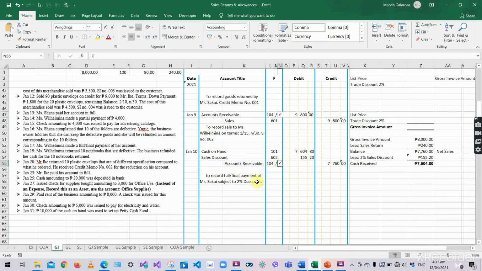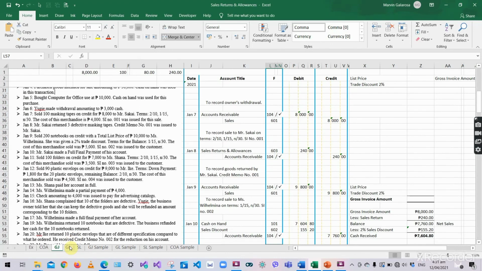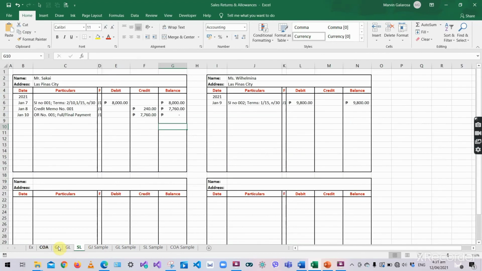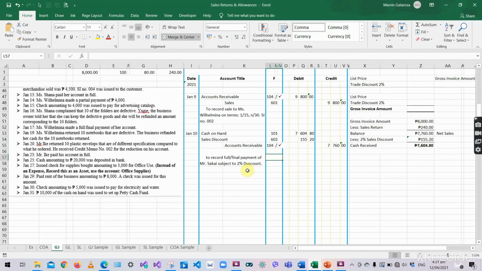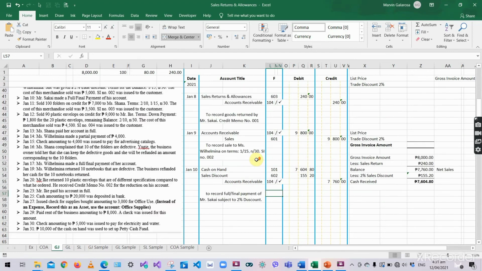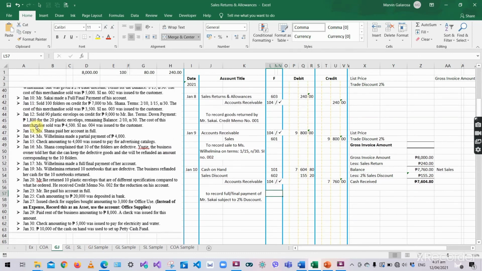Yung check, indicating na-post mo na siya sa subsidiary ledger. So, ganun lang yung process ng paggamit ng general journal, general ledger, and subsidiary ledger. Pagdating sa mga journal entries on how to do the journal entries, na-discuss na siya dun sa mga nakaraang lesson. So, continuing with the transaction from January 11 to January 30, gagawin nyo na siya for your sheet work.